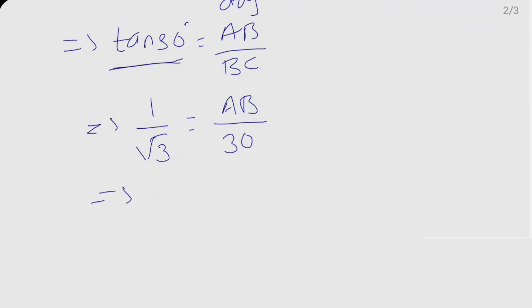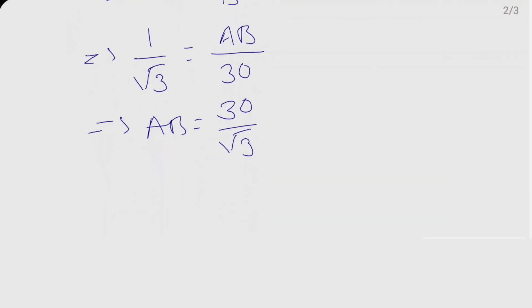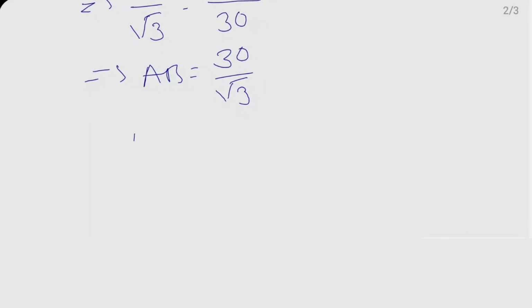So this implies AB equal to 30, which comes to the LHS side, it becomes a multiplication, so 30 divided by root 3. AB equal to 30 by root 3. So in the denominator root 3 is there, so multiply and divide by root 3.